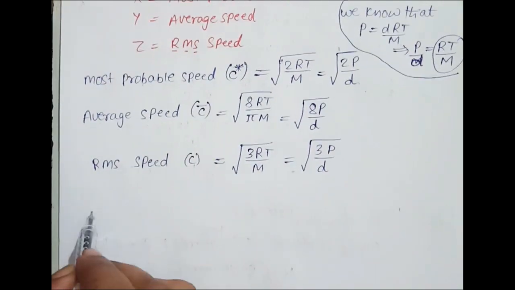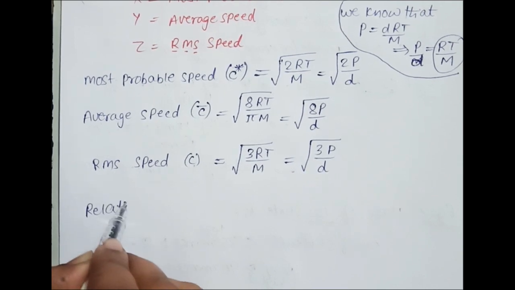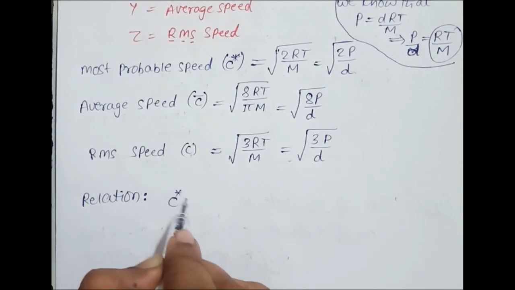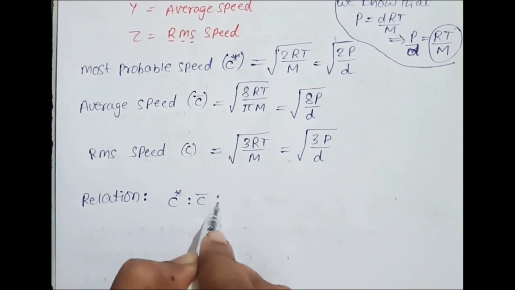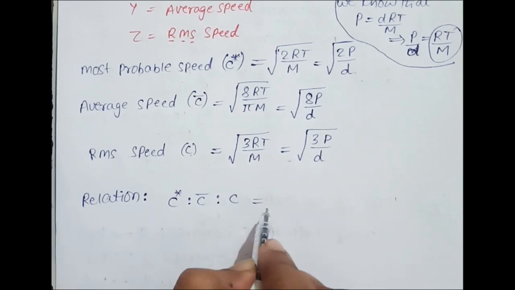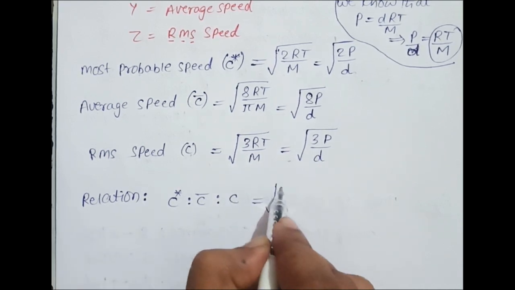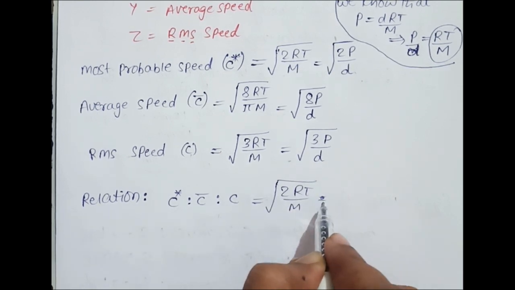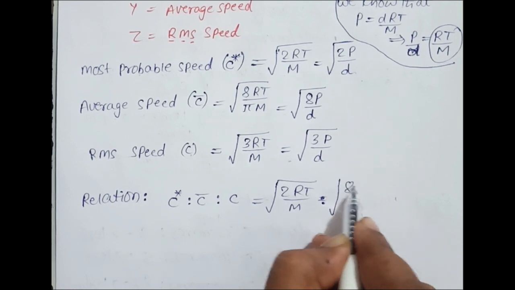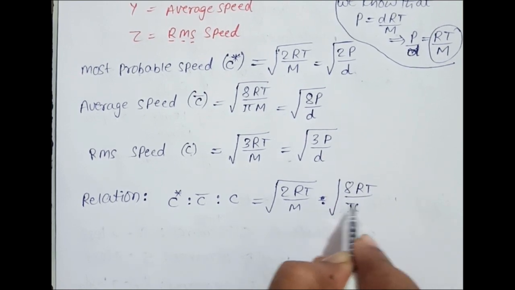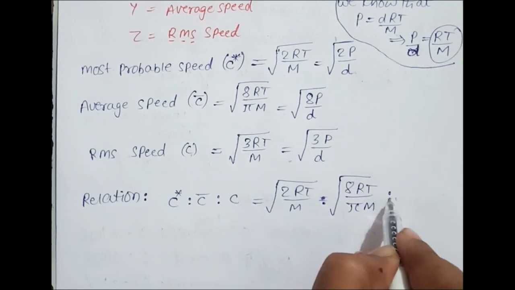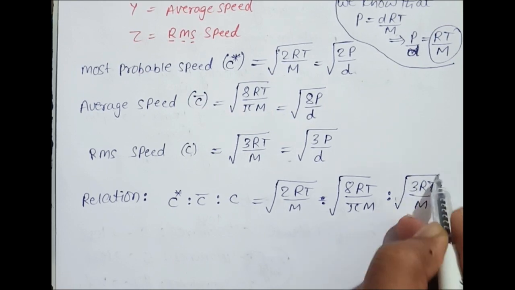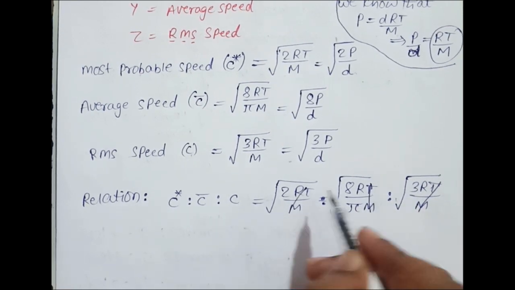Now the relation between these three speeds. So C star is to C bar is to C is equal to what will come? Under root 2 RT by M is to under root 8 RT by pi M, then under root 3 RT by M. So in every case RT by M gets cancelled.